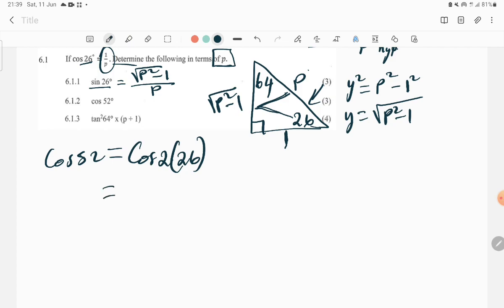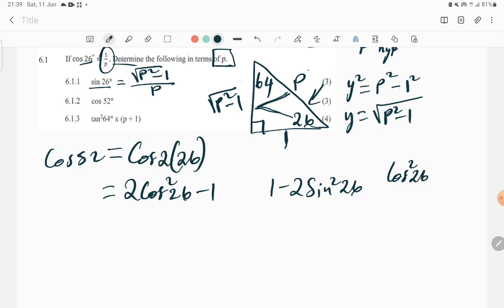So remember that the double angle identities are cos 2 theta equals 2 cos squared 26, minus 1. The other one is 1 minus 2 sine squared 26. The other one is cos squared 26 minus sine squared 26. You can take any of these to substitute, but you can always take the easiest one to make things easy for yourself.